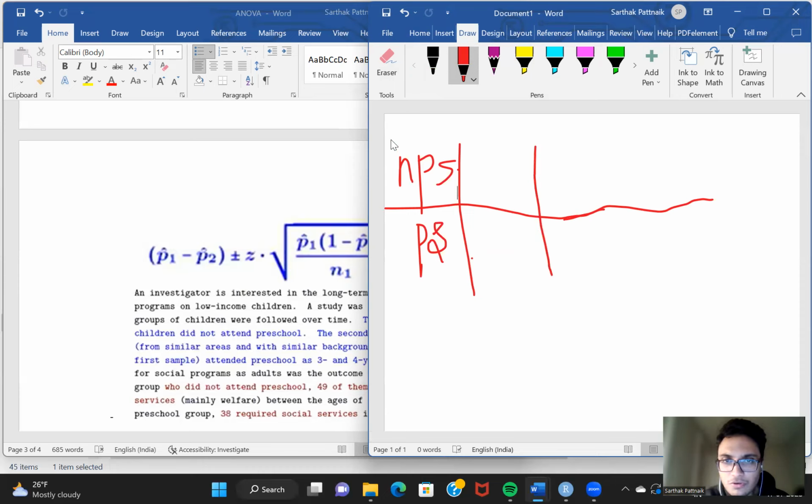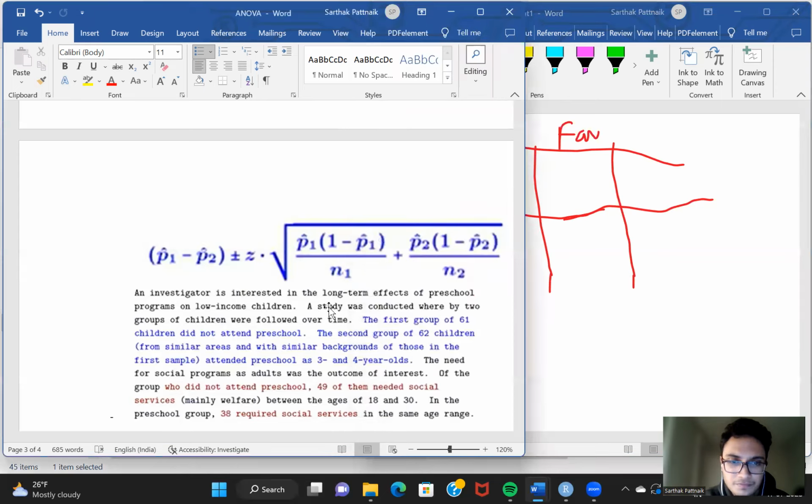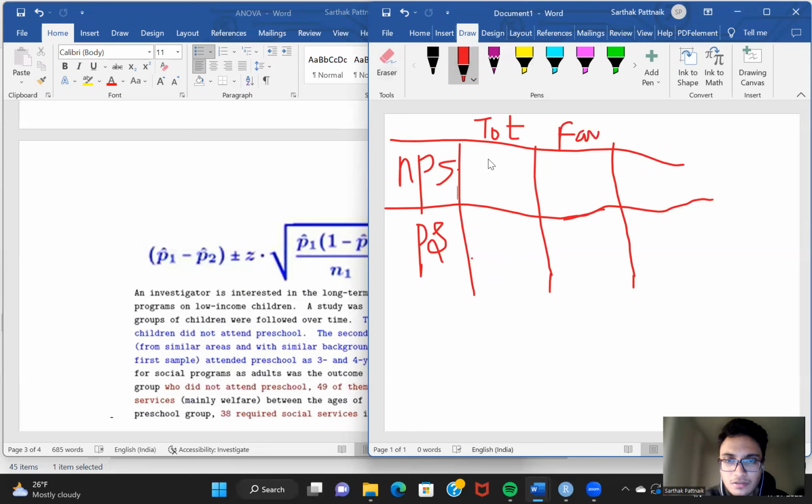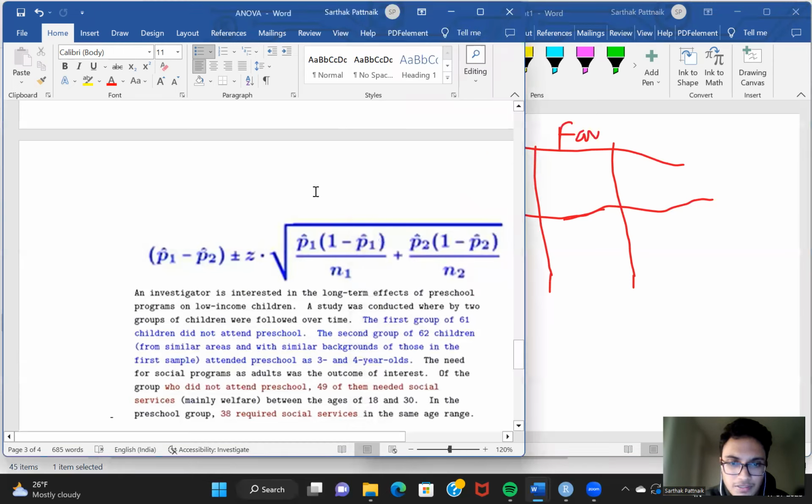We'll have total and we will have favorable. So 61 did not attend preschool, 62 attended preschool.